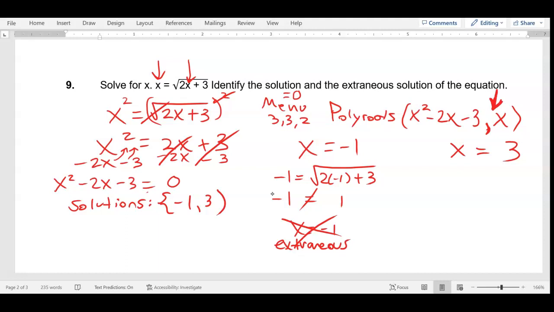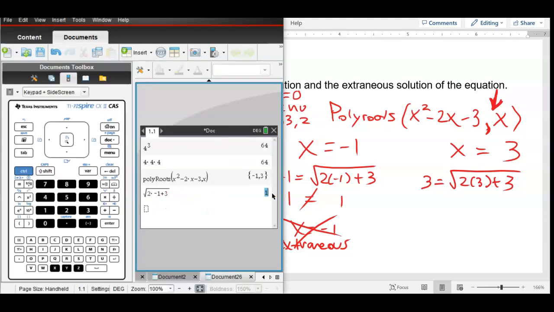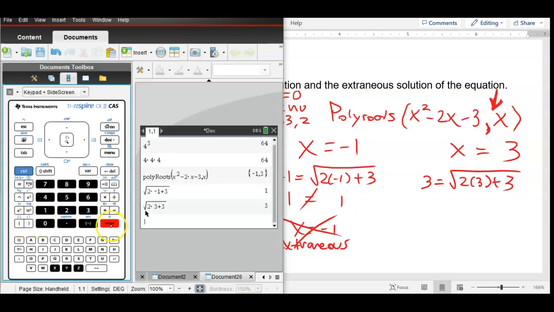But what about 3? If I plug in 3 here in the equation, 3 equals square root of 2 times 3 plus 3. What is the square root of 2 times 3 plus 3?